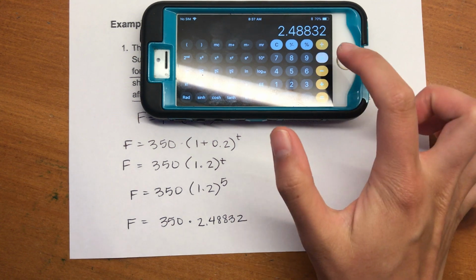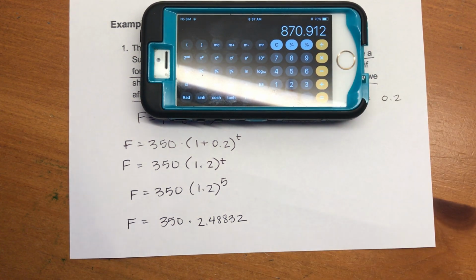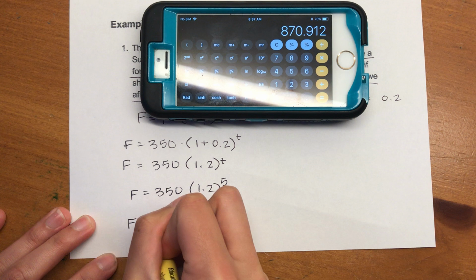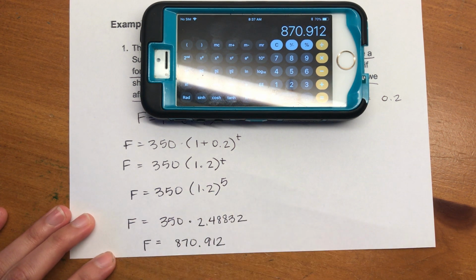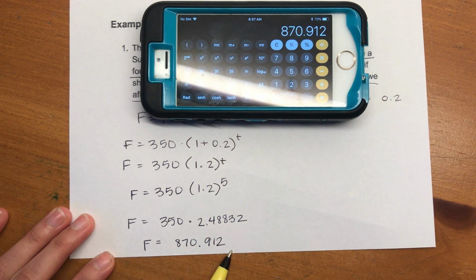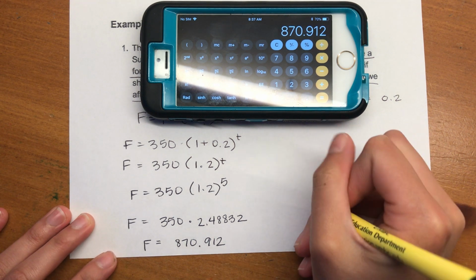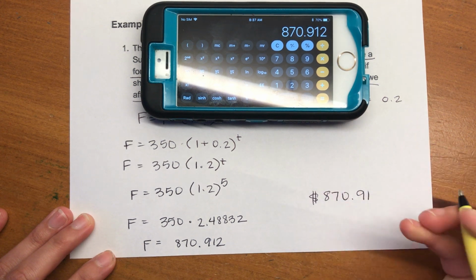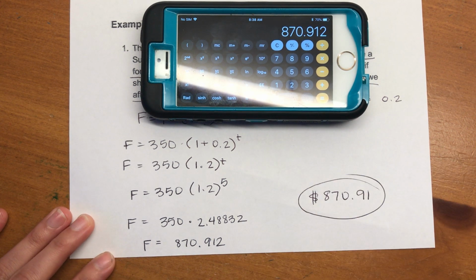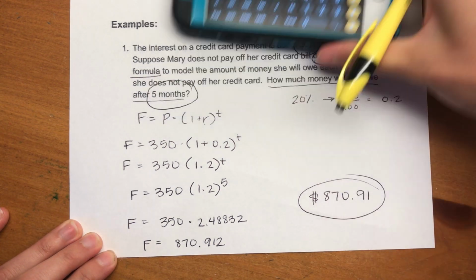And then I'm going to multiply this by 350, and I'll get F equals 870.912. But since this is a dollar amount, we know this is how much money she owes, my real answer would be 870.91. That would be dollars, the correct units to use here.